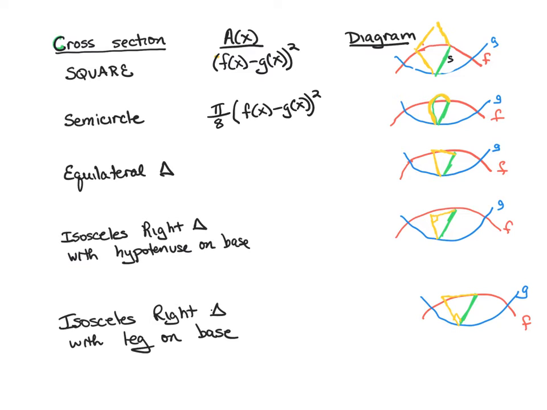For an equilateral triangle, the formula was, I believe, the square root of 3 over 4 times S squared.